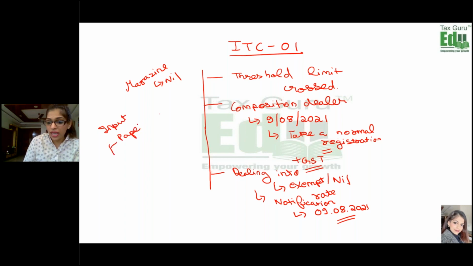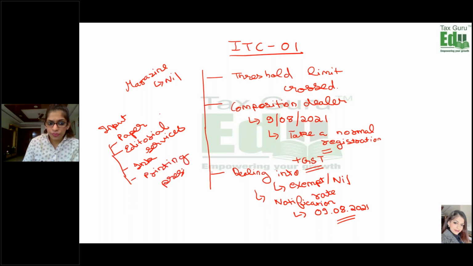Paper, it's a taxable item. Then we have editorial services, again a taxable item. Then we are using ink, printing press, right? All these things would be used for the production of magazines. All are GST taxable inputs.